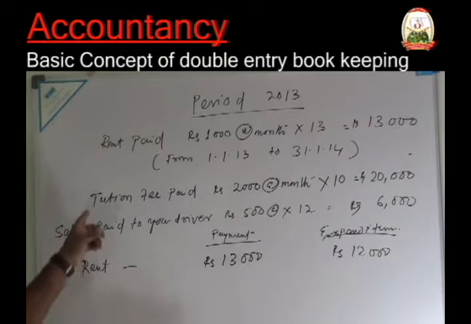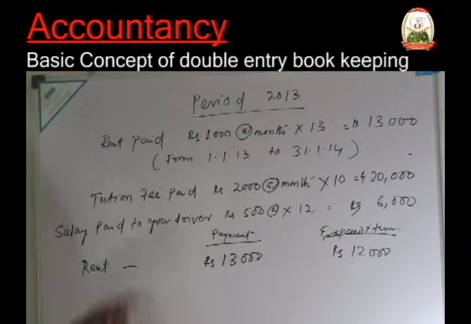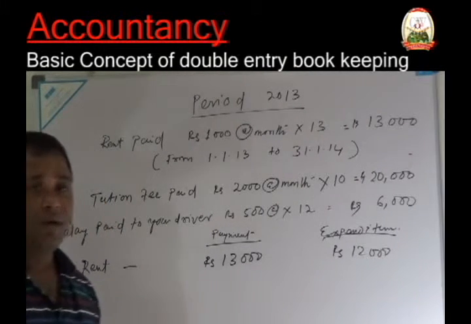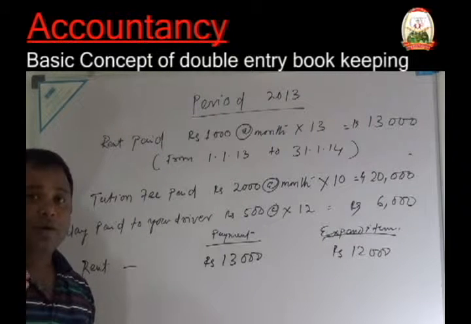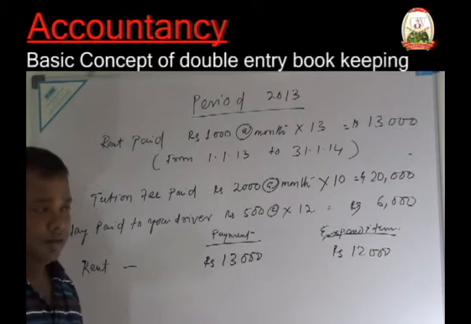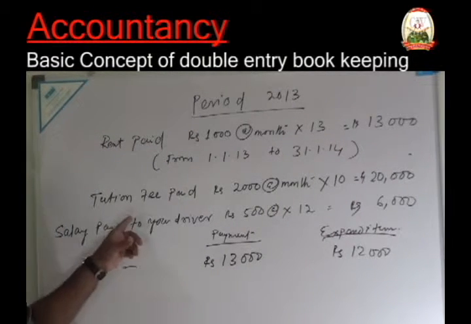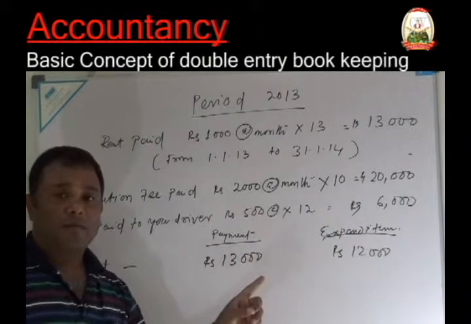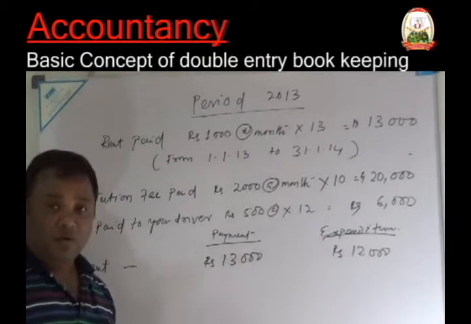Similarly, take into consideration the tuition fee. You have paid tuition fee for 10 months during the year 2013, suppose from 1st January 2013 up to 31st October 2013. Here what happened? You have paid the tuition fee for 10 months instead of 12 months.